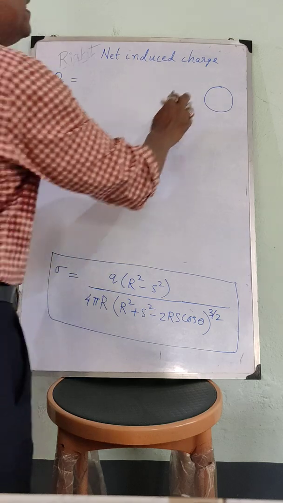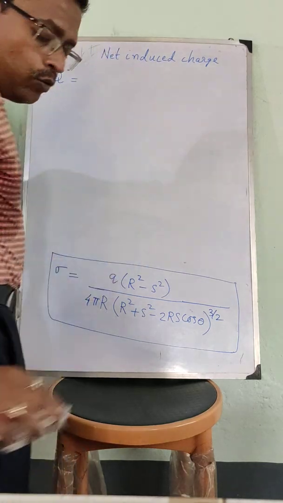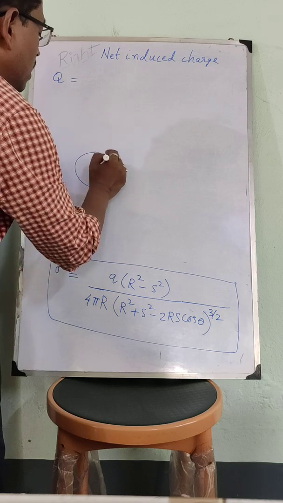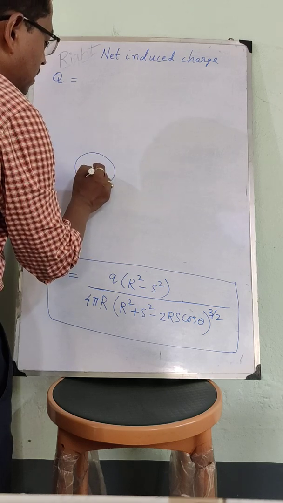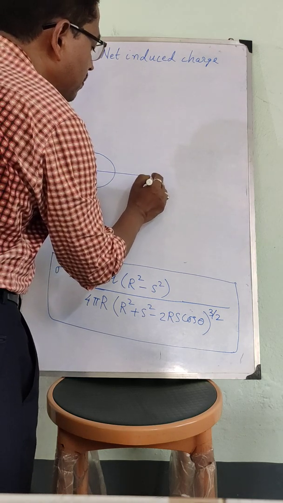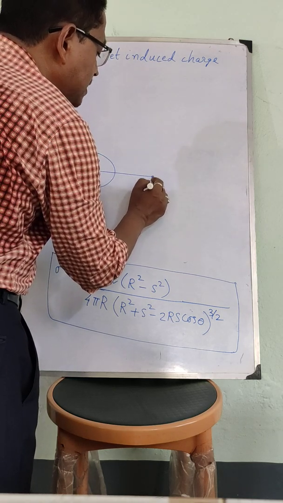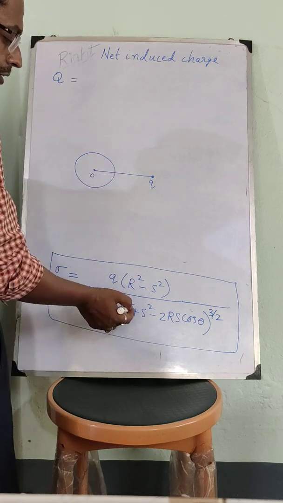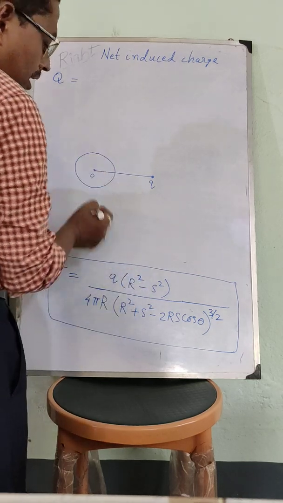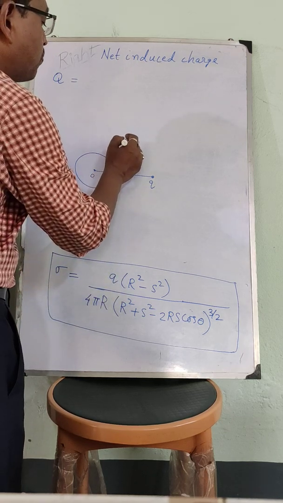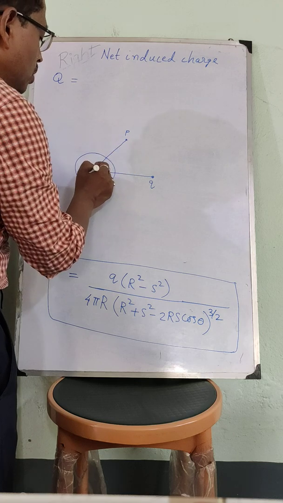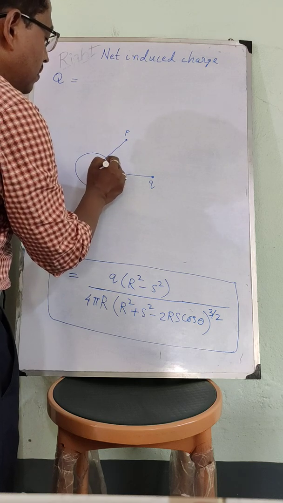Now for doing the integration, we will take one convention. This is our conducting sphere, this is the center, and here I have point charge plus q. Surface charge density on this surface is given by this expression. See, this is point P where I have written the potential, so this angle is theta.